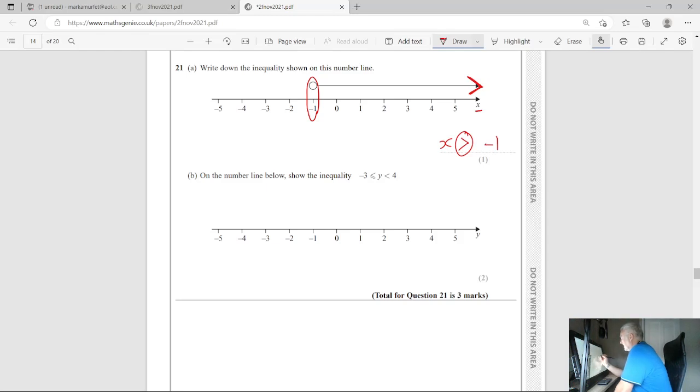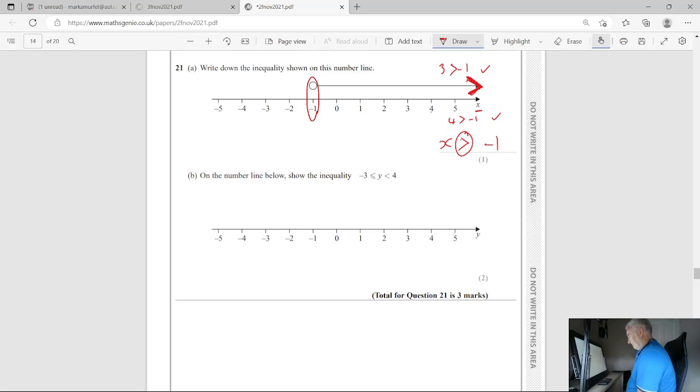So we can see that if we put a 4 there, is 4 bigger than -1? Yes, it is. Is 3 bigger than -1? Yes, it is. Okay, so when you're doing inequalities, you can use the arrowhead to help you with your inequality symbol.